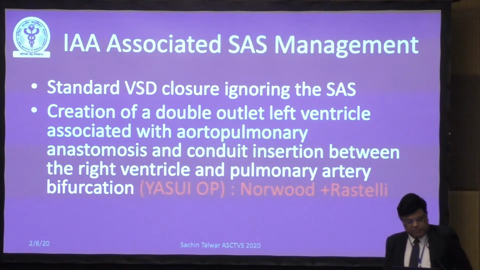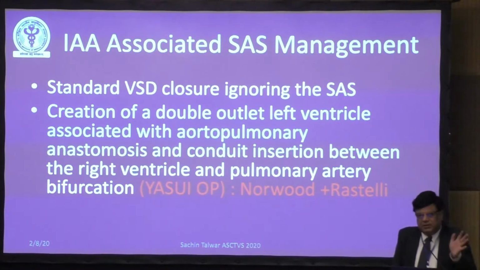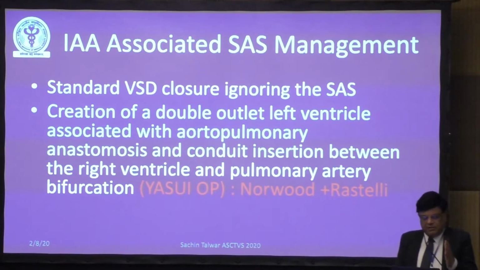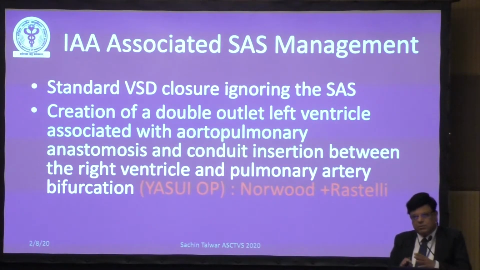So for the interrupted arch associated with subaortic stenosis, you could do a standard VSD closure and ignore the subaortic stenosis and deal with it if it becomes important at a later stage, or you create a double outlet left ventricle and do an aortopulmonary anastomosis. The VSD is directed towards the pulmonary valve. The MPA is anastomosed to the aorta.